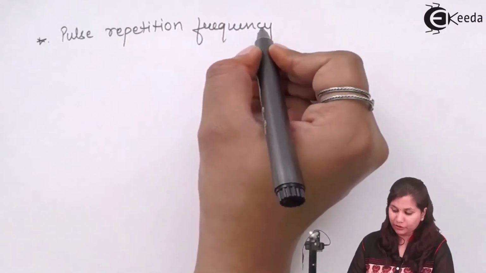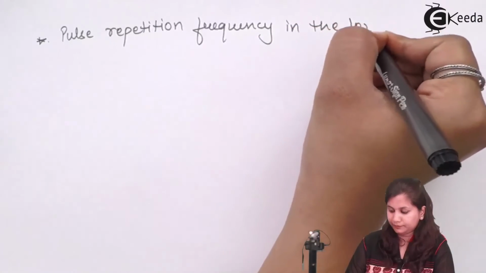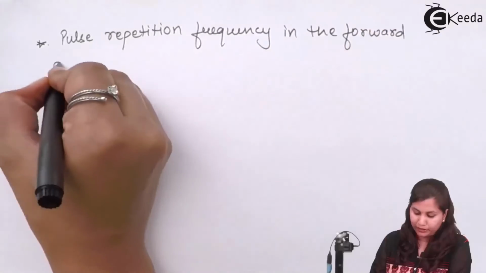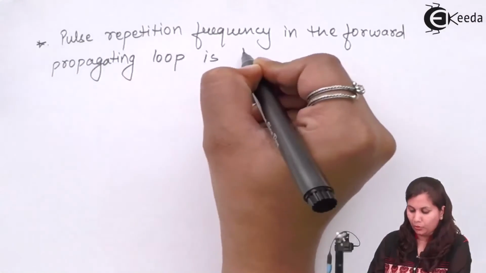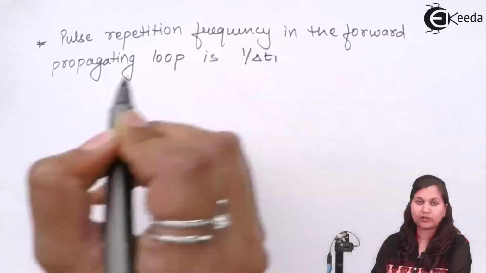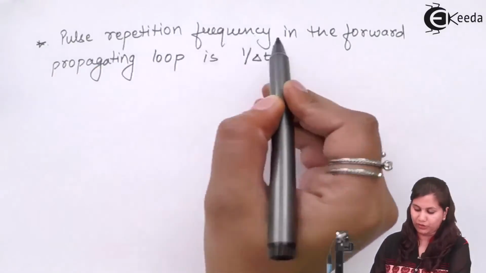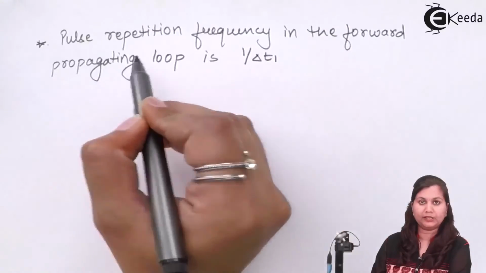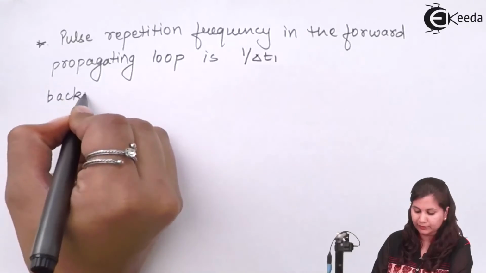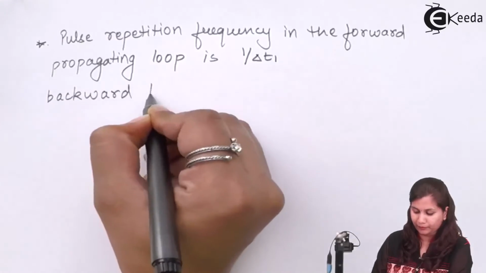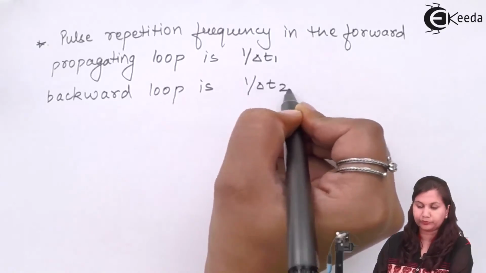Now the pulse repetition frequency in the forward loop is 1 by del t1, because frequency is inversely proportional to time. So pulse repetition frequency in the forward propagating loop is 1 upon del t1 and in the backward loop is 1 upon del t2.